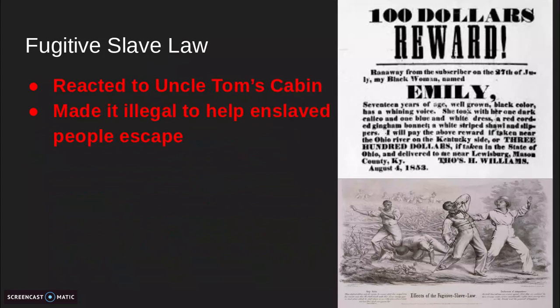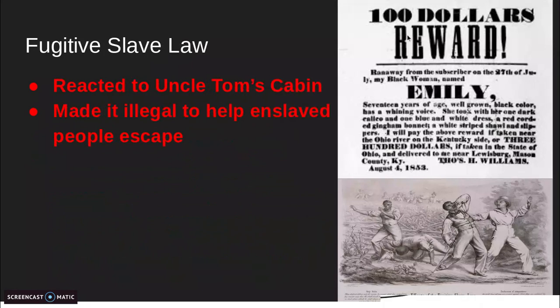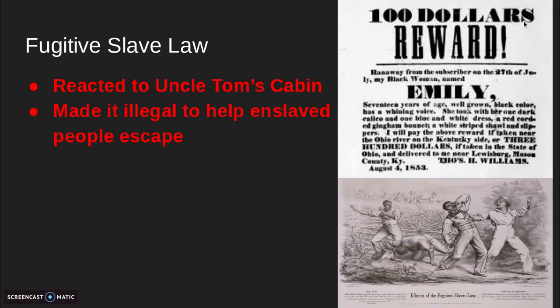And so these slaveholders had to react in some way, and they passed the Fugitive Slave Law, which made it illegal to help enslaved people escape. So it was illegal to help runaway slaves. And so on this slide, there's actually a money reward if anybody returned this slave named Emily to the slaveholder. So that is what the Fugitive Slave Law did.